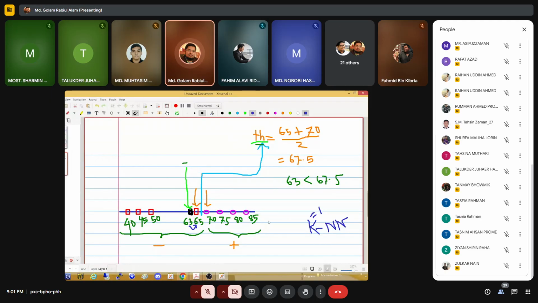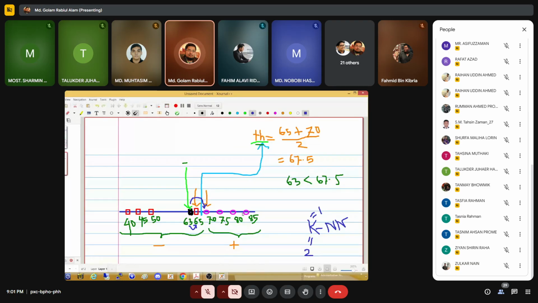But how about K equal 2? If we consider K equal 2, we get another individual, but now one individual is positive and another is negative.